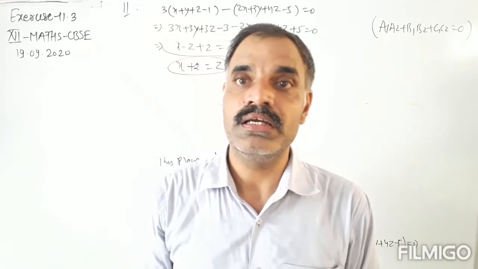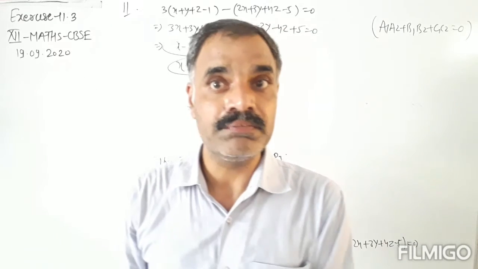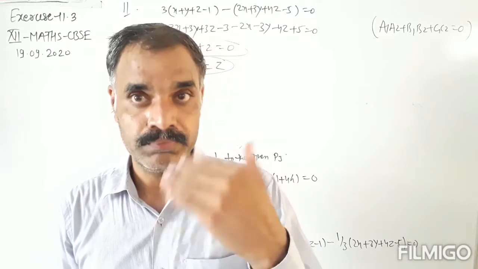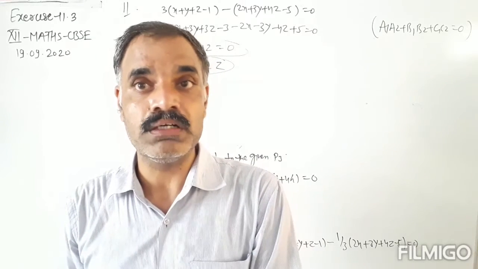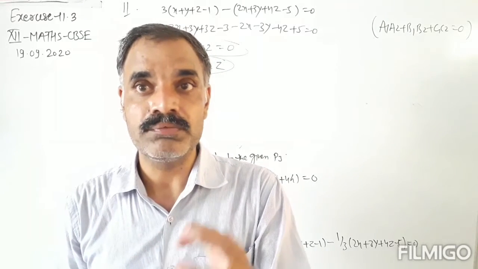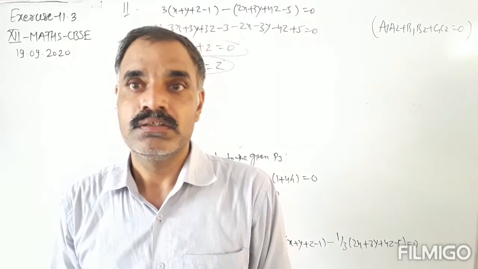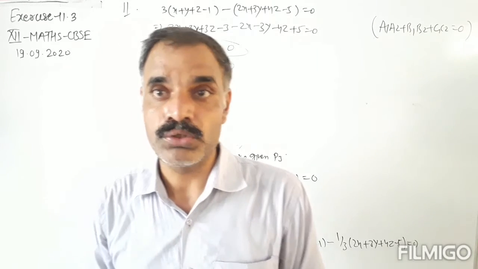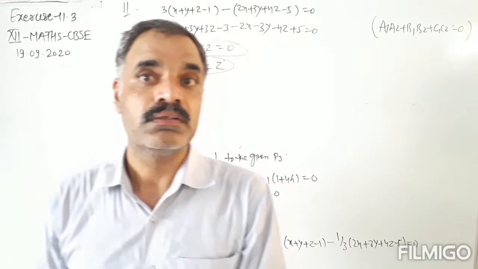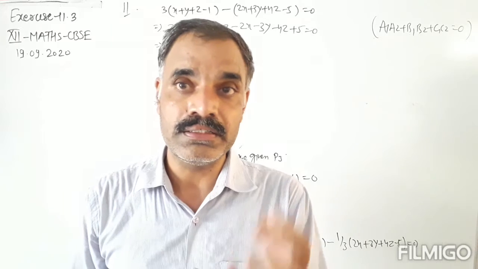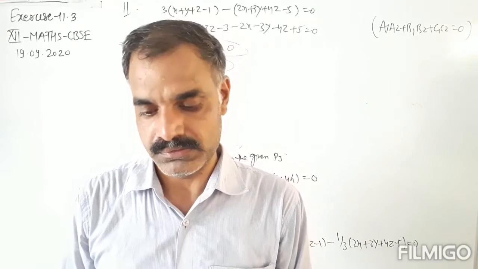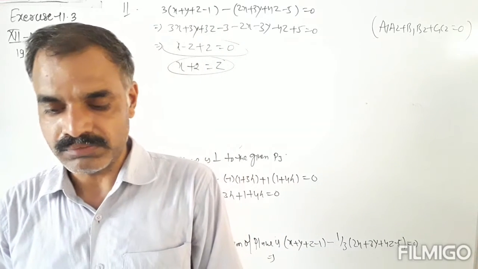In question 11, we have been given the Cartesian form and a third plane that is perpendicular to the plane through the line of intersection. So in this way we can solve any type of question on the intersection of two planes.